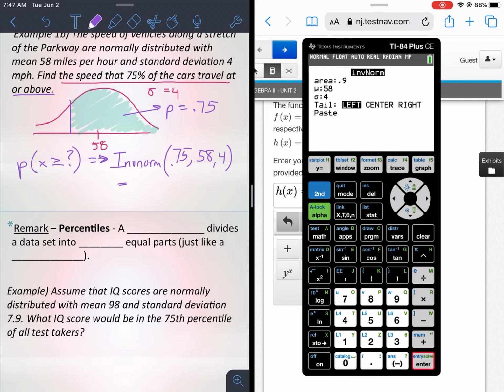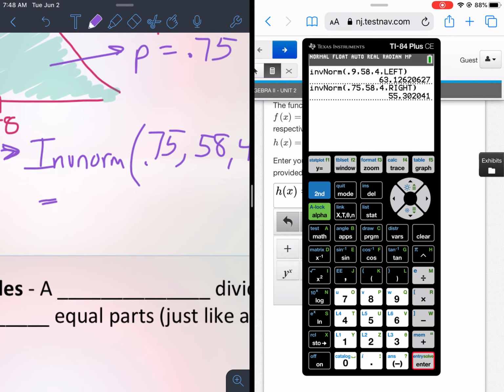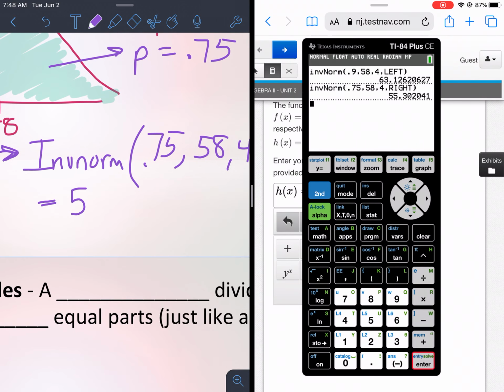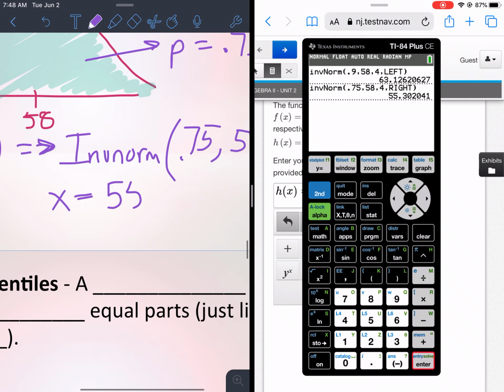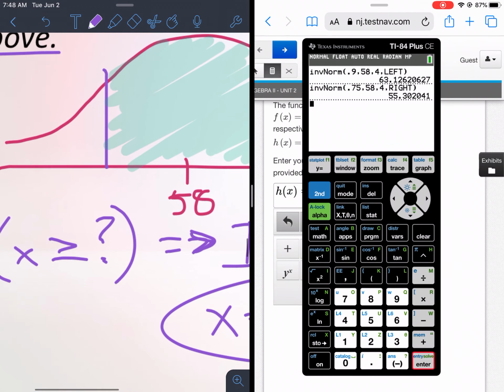Inverse norm, 0.75, 58, 4. But this time, I want the region to the right of that. So let's hit right and then paste. And I got an answer of 55.3 miles per hour. And that would be just below the mean. It makes perfect sense.